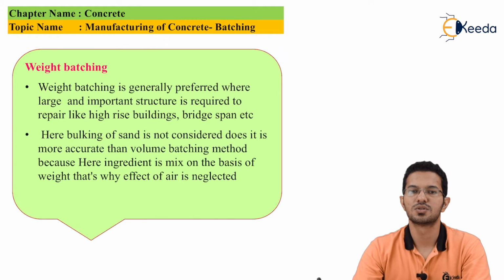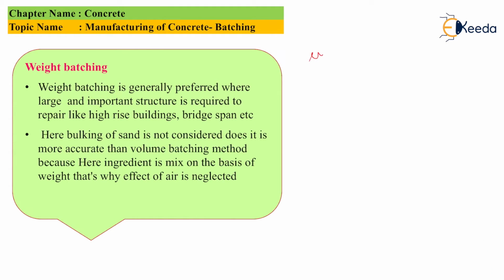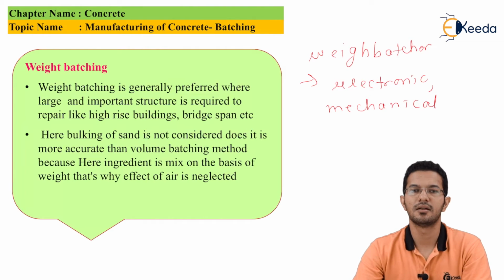Weigh batchers are available in two types, namely mechanical weigh batchers and electronic weigh batchers. In mechanical weigh batchers, weights are measured using springs and a dial gauge, and it is widely used.